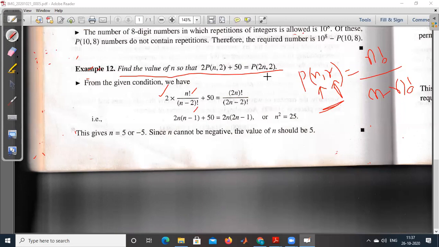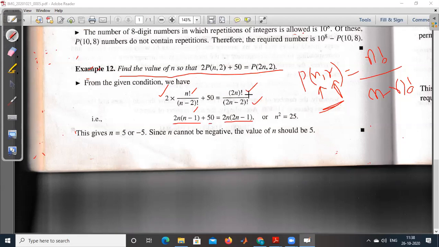That means instead of n they gave 2n, so 2n factorial by 2n minus 2 factorial. After simplification we get 2n into n minus 1 plus 50, equal to 2n into 2n minus 1.